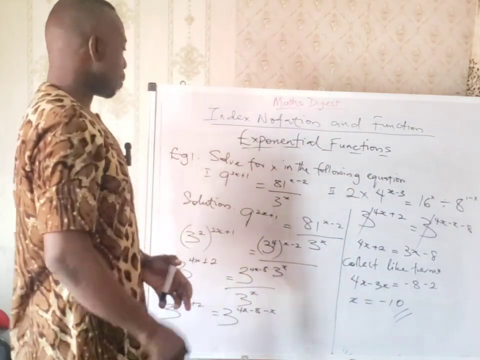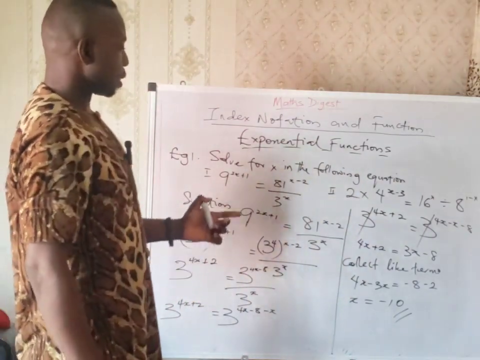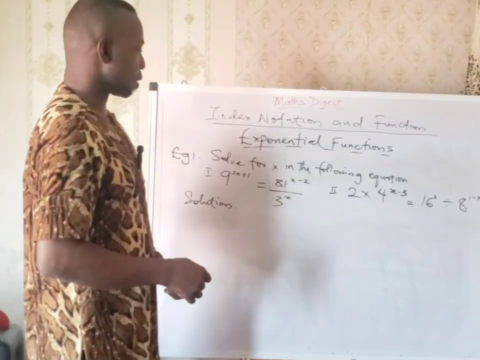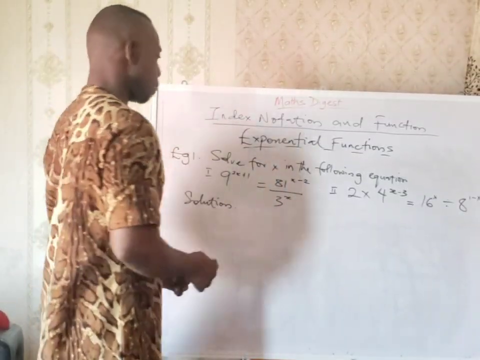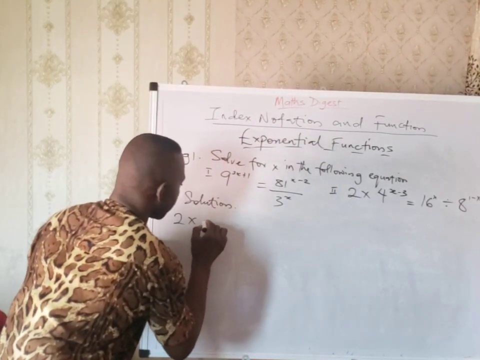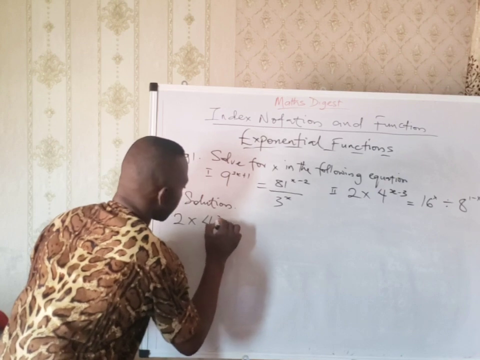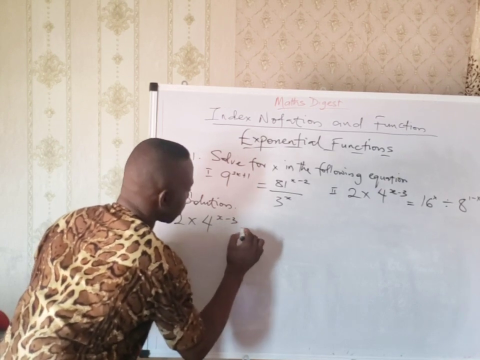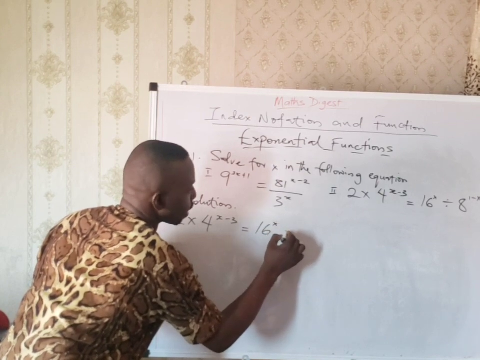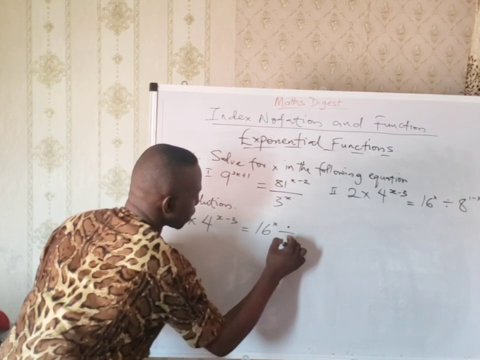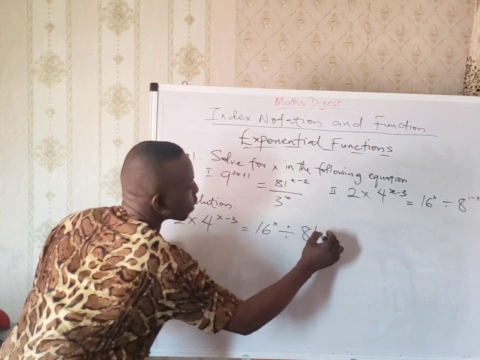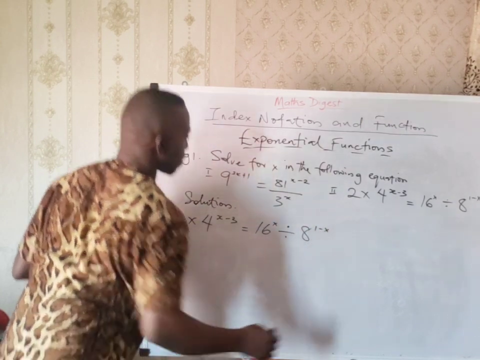Okay. So quickly we are going to take the second one. All right. Coming to the second one, we have 2 times 4 raised to power x minus 3 equal to 16 raised to power x divided by 8 raised to power 1 minus x.